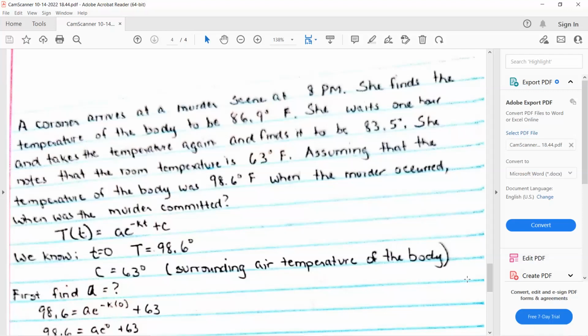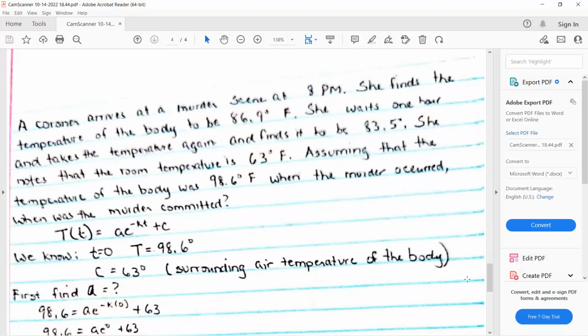You just know that this is 8 o'clock, this happened. Oh my goodness. Right? She waits 1 hour and takes the temperature again and finds it to be 83.5. She notes that the room temperature is 63 degrees, assuming that the temperature of the body was 98.6 when the murder occurred. When was the murder committed?